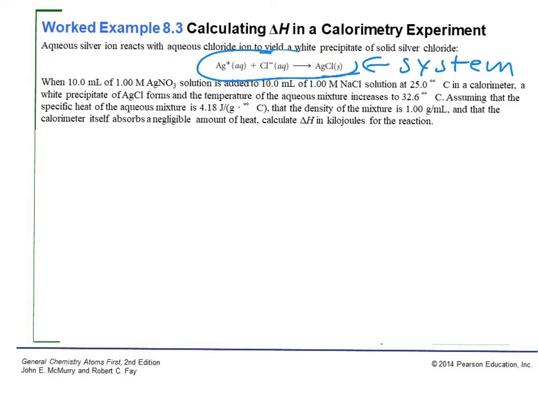All right. You immediately identify that as your system. Well, what's this reaction taking place in? This reaction is taking place in water, or it's taking place in a solution. In this case, my solution is my surroundings.